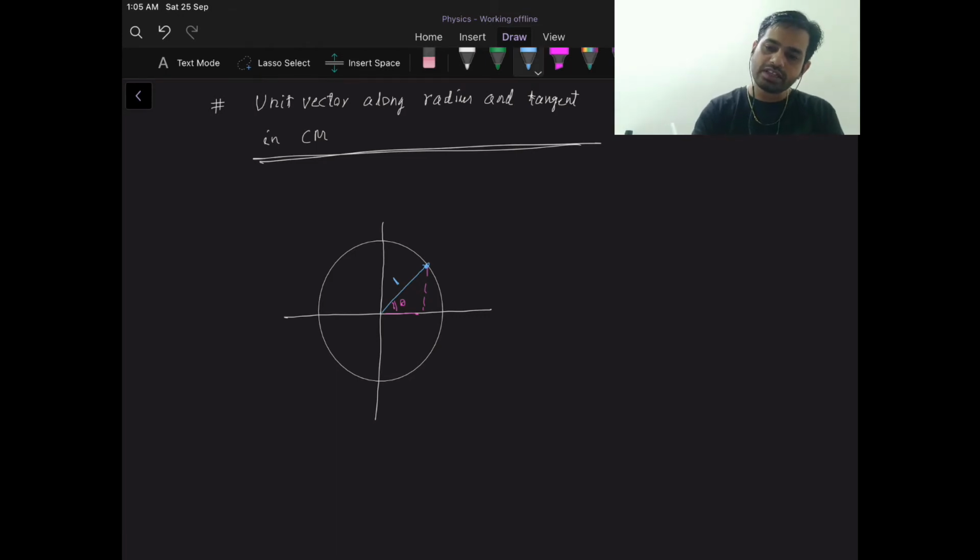How much is this length? This length will be equal to 1 sin theta, right? And this length will be equal to 1 cos theta. So what are the coordinates of this point? The coordinates of this point are cos theta comma sin theta, right?